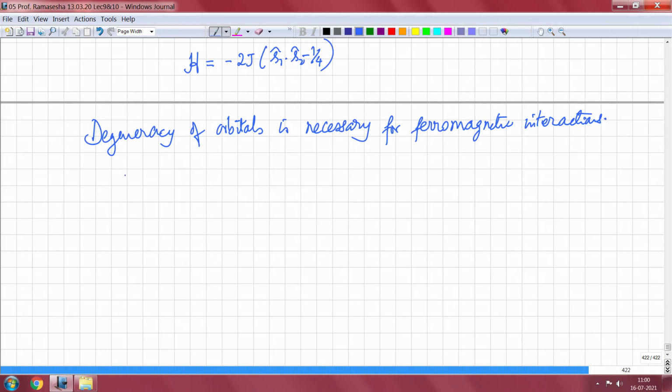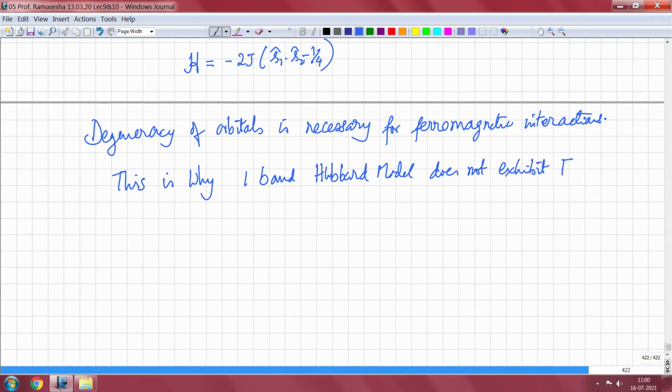So this is why the one band Hubbard model does not exhibit ferromagnetism, at least at half filling.